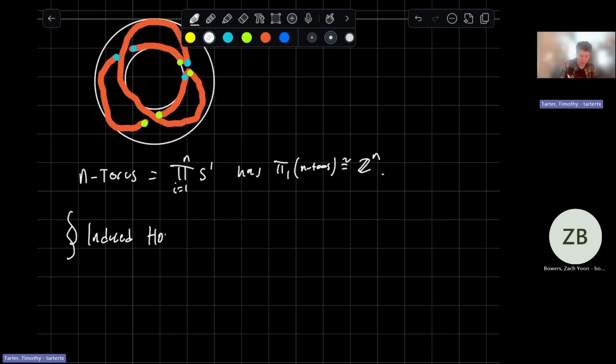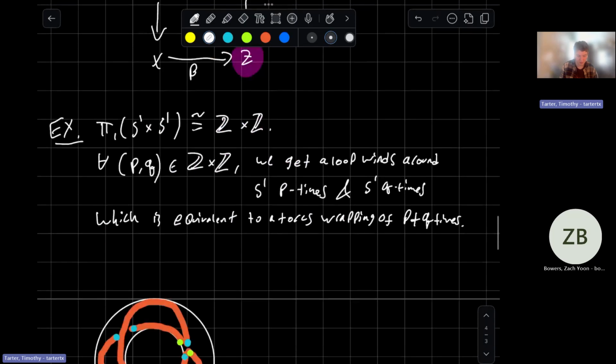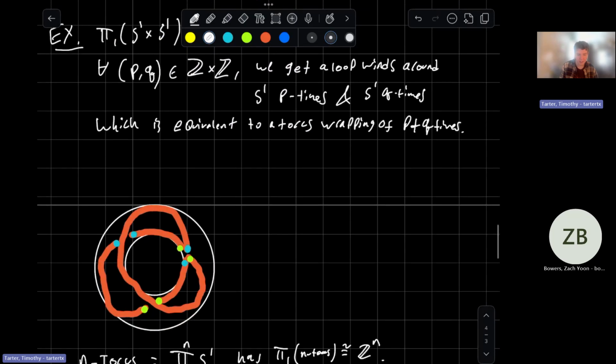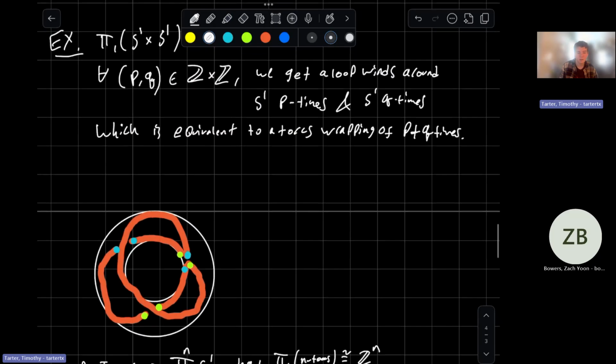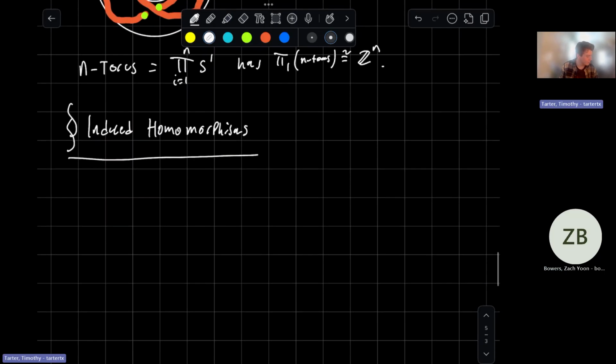So, induced homomorphisms. Any questions on this before we move on? Any of the product stuff, fibered product, torus knot? No, I think I'm good. Cool.